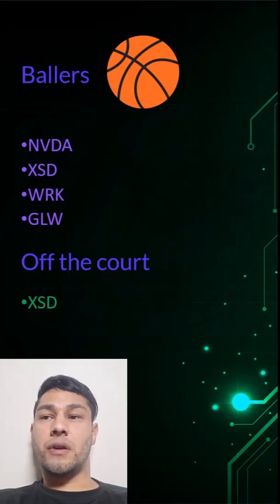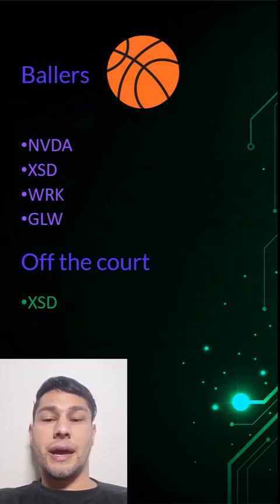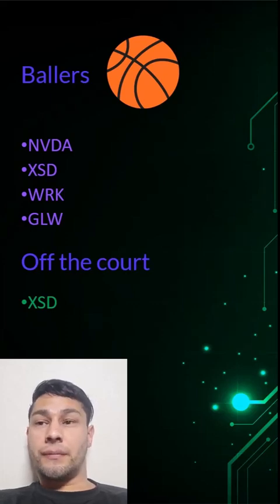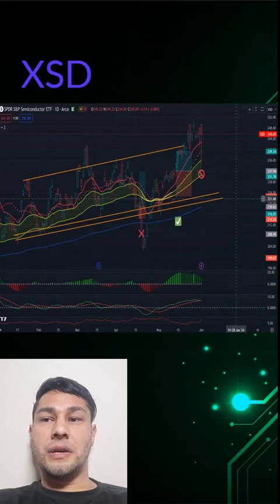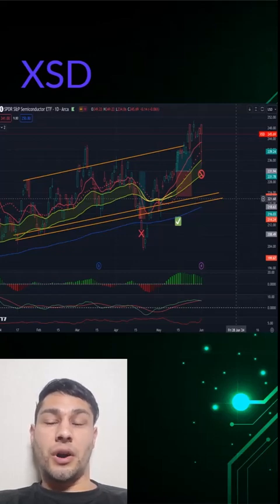Last week's video, we covered NVIDIA, XSD, WRK, and GLW, and XSD, we are going to take that one off, take profits. So let's look at that chart. XSD, right here on the MACD, we can see that the green is crossing below the red, and that tells me that momentum is gone.